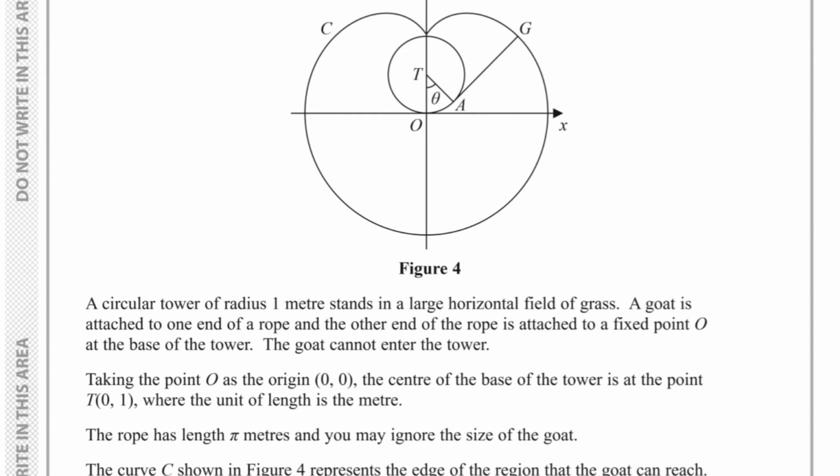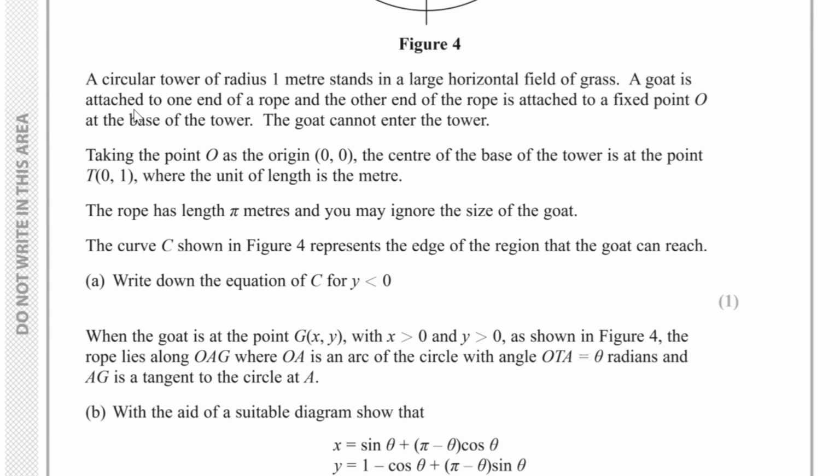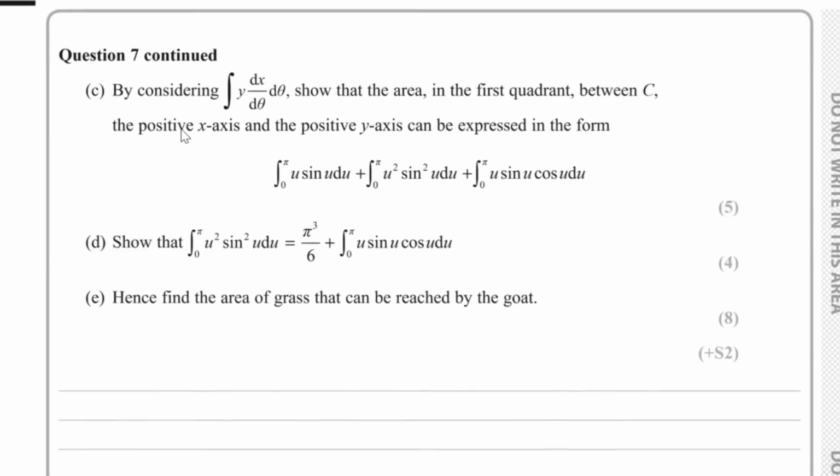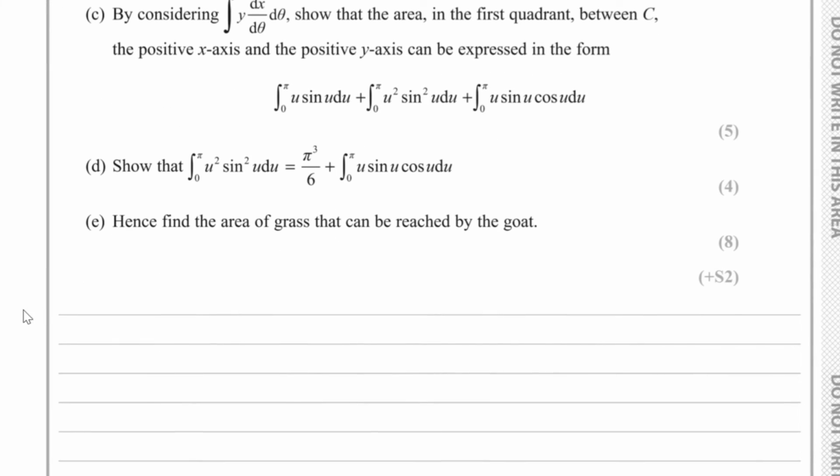Of course, there we've got a semicircle. And so, for part A, recognizing that it passes through the origin, our equation is x squared plus y squared equals pi squared.